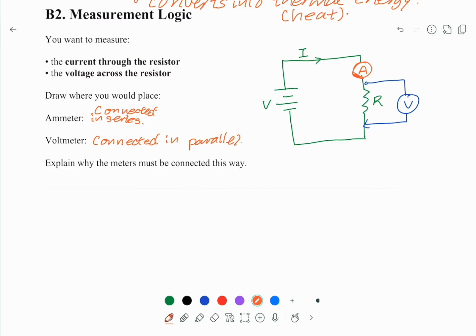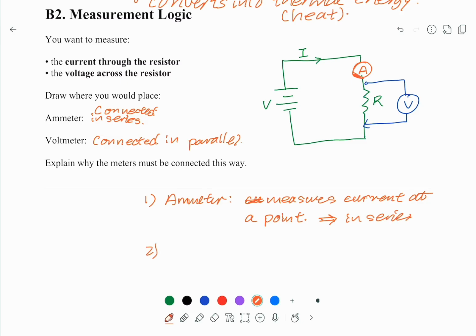Why? First, the ammeter measures current at a point. Therefore, you want to break the circuit and connect it in series.